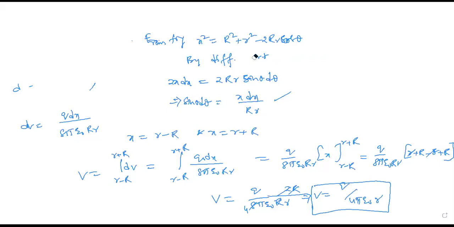Sir, we have to even consider R square and small r square if we are doing it for x square. That's fine. We can do that, but here, how can we do it?